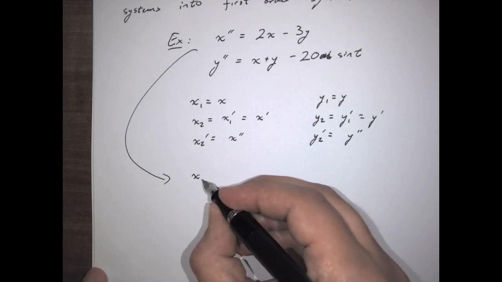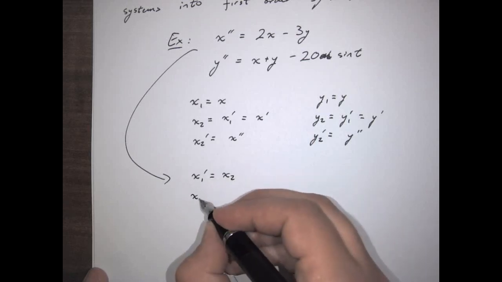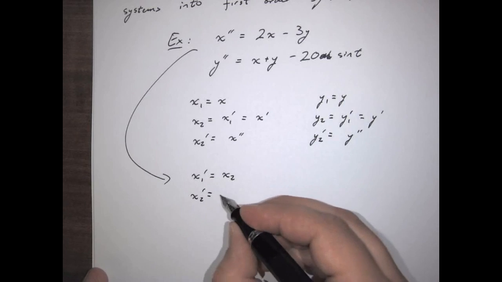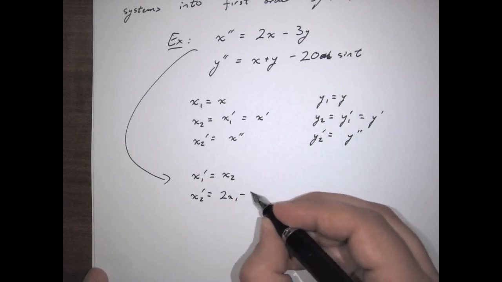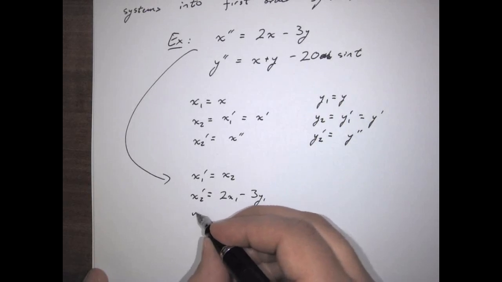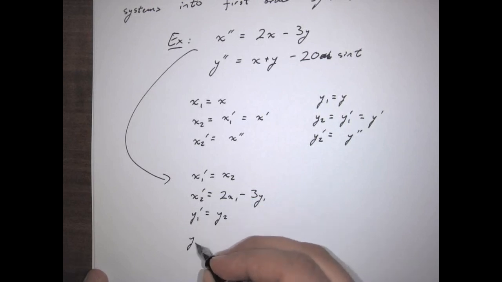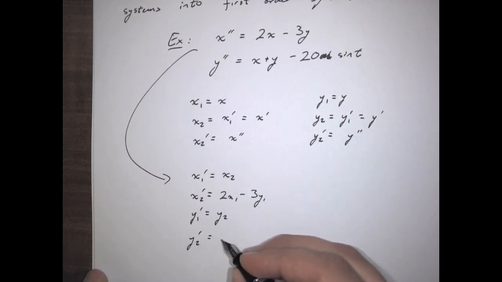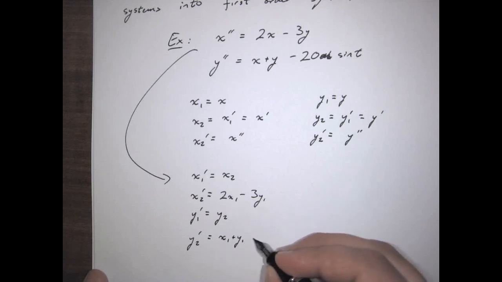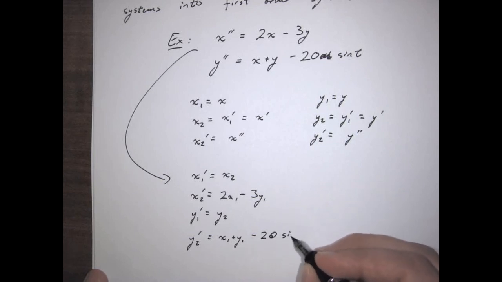So what we have here is that x1 prime equals just x2, x2 prime equals 2x1 minus 3y1. We've got y1 prime equals y2, and y2 prime is equal to x plus y, which is x1 plus y1 minus 20 sine t.